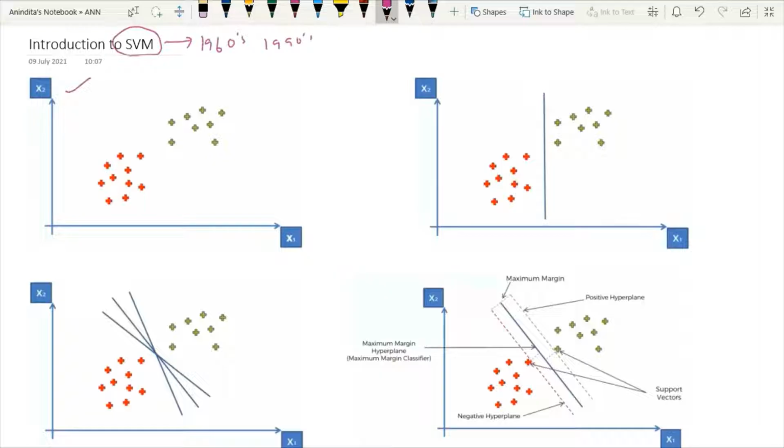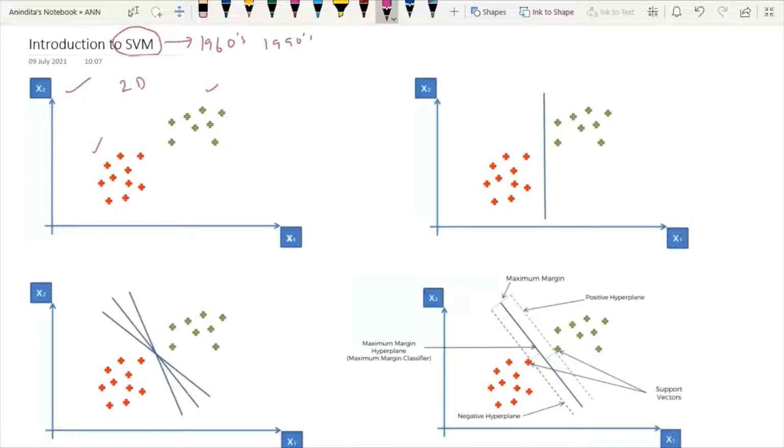Here, if you look at this graph, you will find some points in 2D space. Some of them are red and some of them are green. Now the point is how to define a line that is going to separate these points. That separation, in other words, is known as the decision boundary.